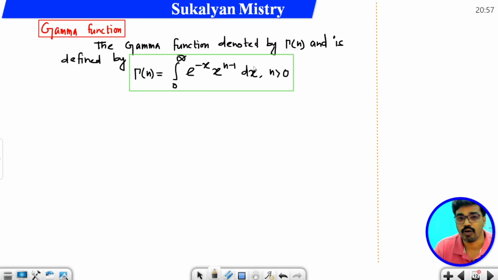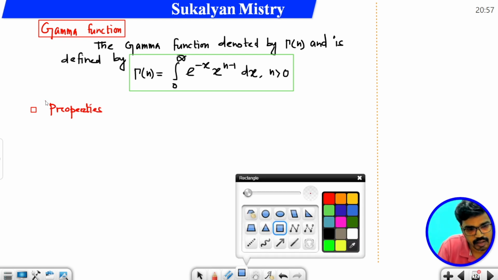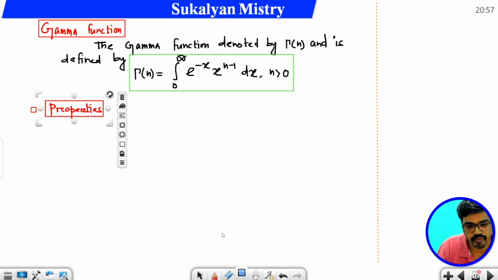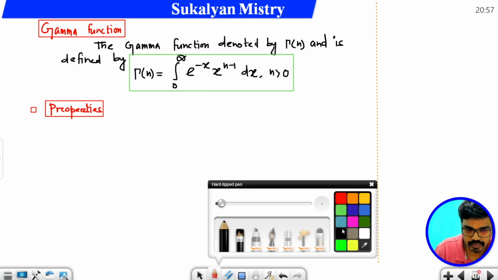So now we discuss properties of gamma function.